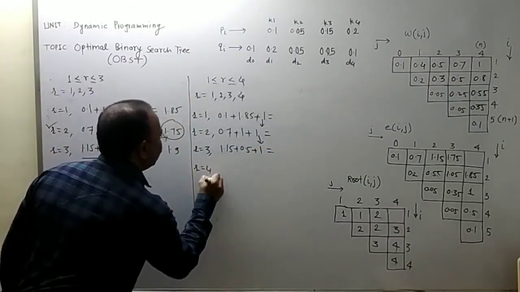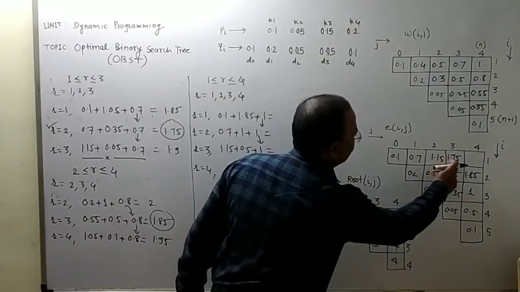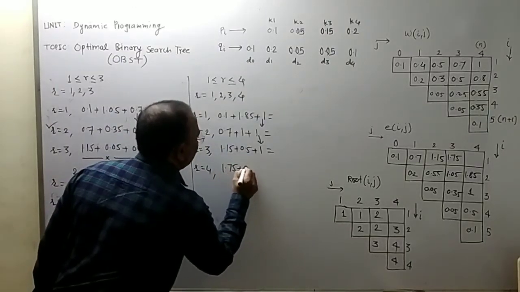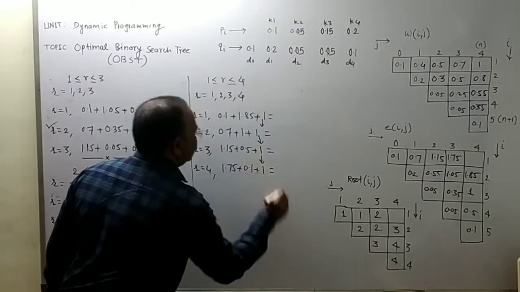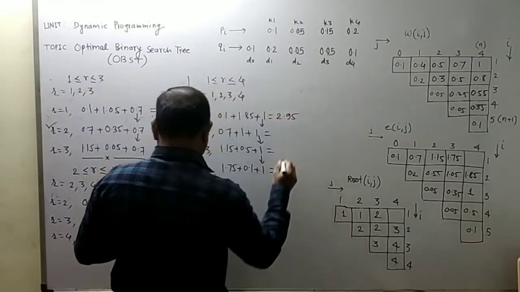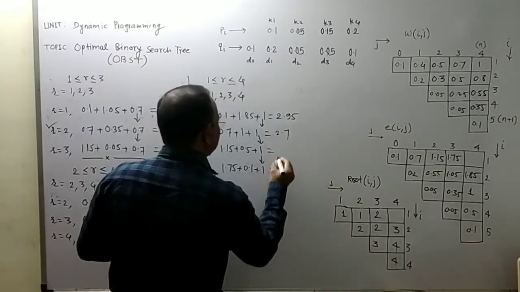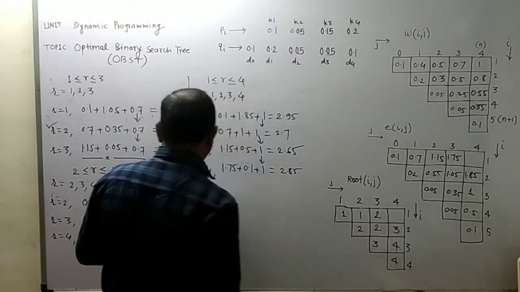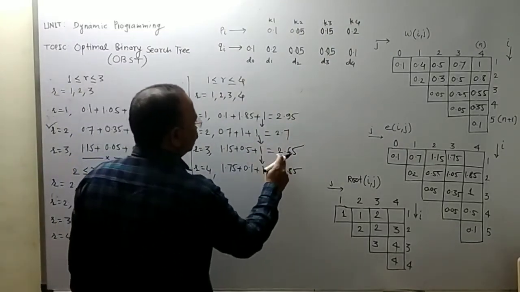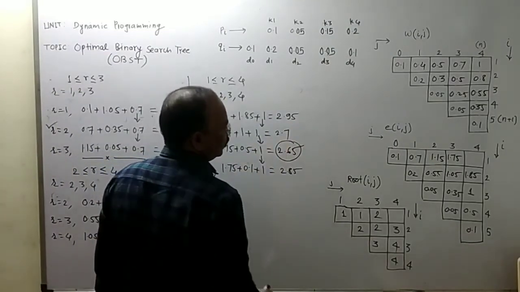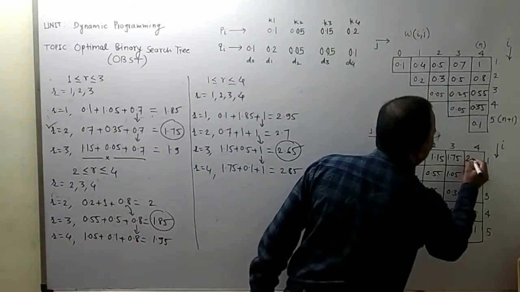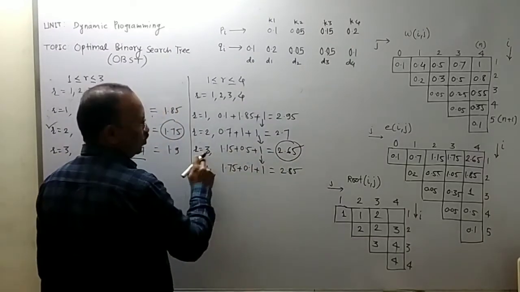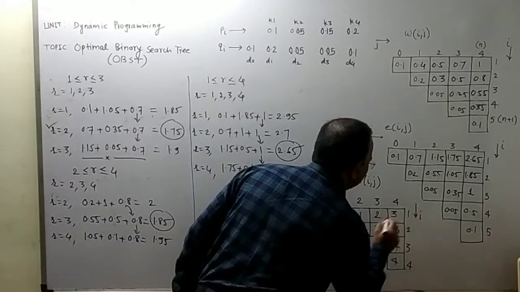Then for r is equal to 4, add 1.75 with 0.1 plus 1 is equal to. The values are 2.95, 2.7, 2.65, 2.85. Out of these 4 values, 2.65 is the minimum. So write at this cell 2.65, and we have got 2.65 for r is equal to 3. So write here r is equal to 3.